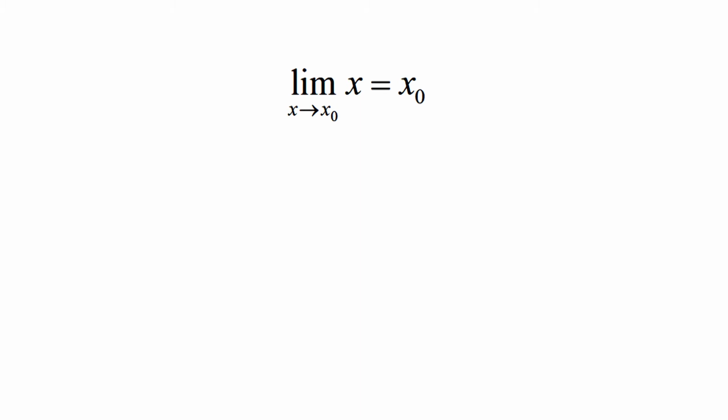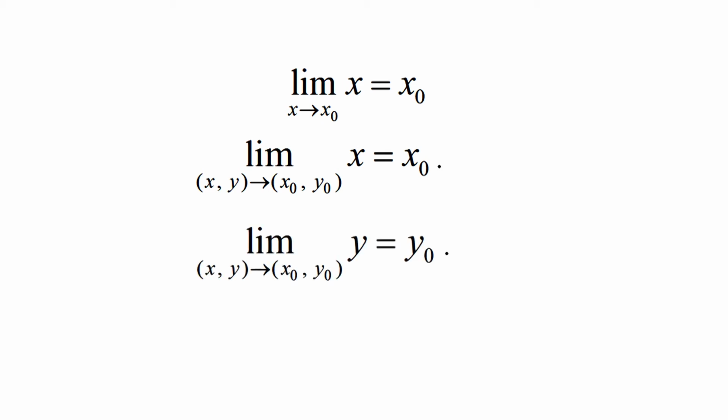Already we know that the limit as x approaches x₀ of x is equal to x₀. Hence, we have the limit as (x, y) approaches (x₀, y₀) of x is equal to x₀. Similarly, the limit as (x, y) approaches (x₀, y₀) of y is equal to y₀, and the limit as (x, y) approaches (x₀, y₀) of k is equal to k.